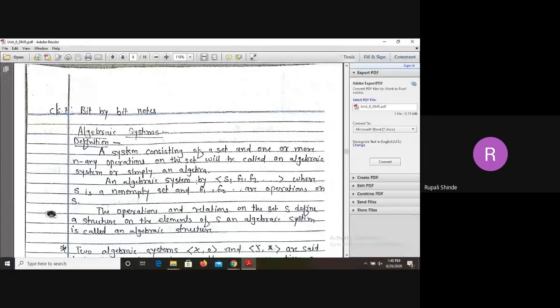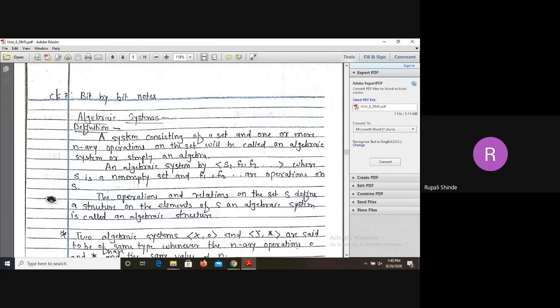So what we have seen in the definition: an algebraic system consists of a set and one or more n-ary operations on that set. Here S is a set and F1, F2 are the operations on set S. That's why this is an algebraic system.